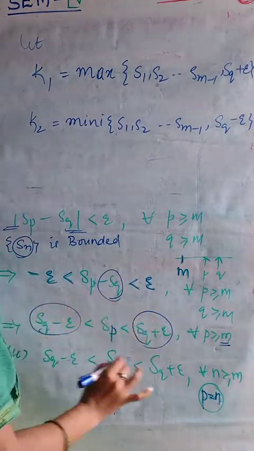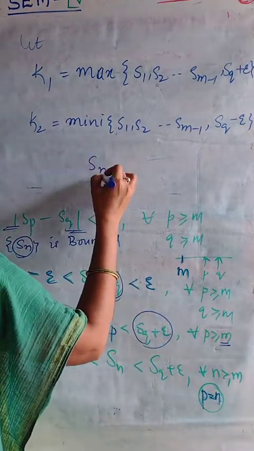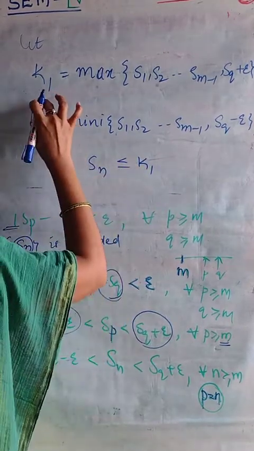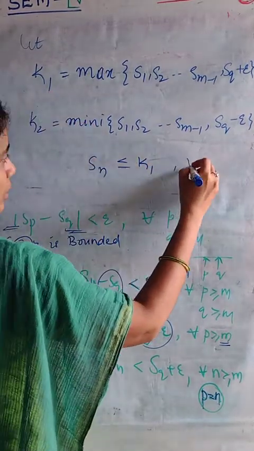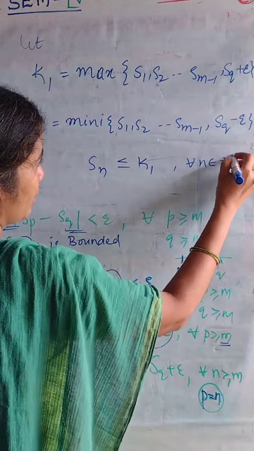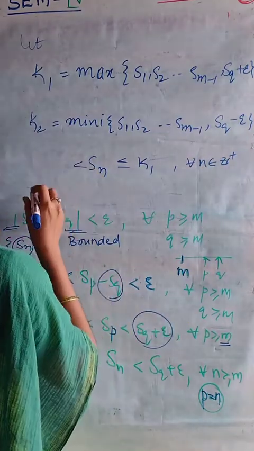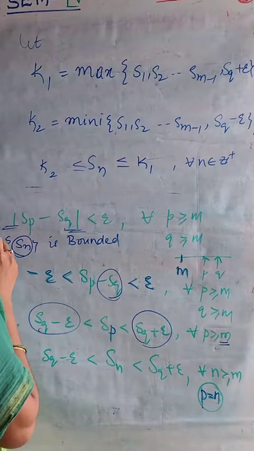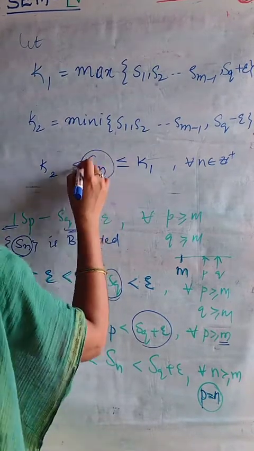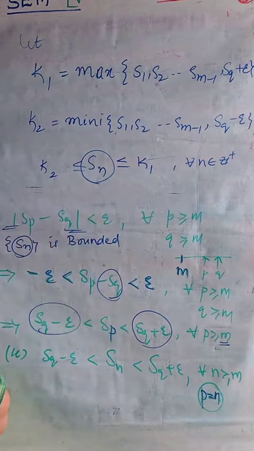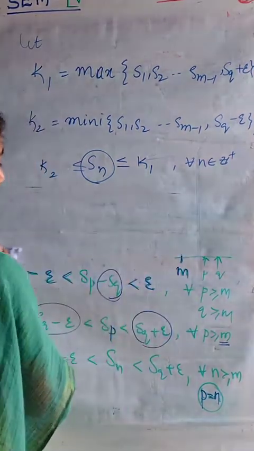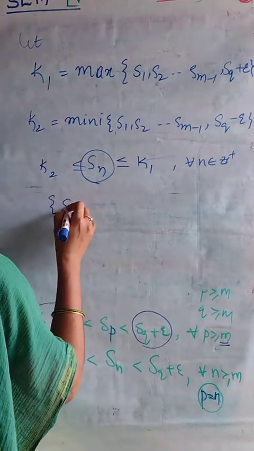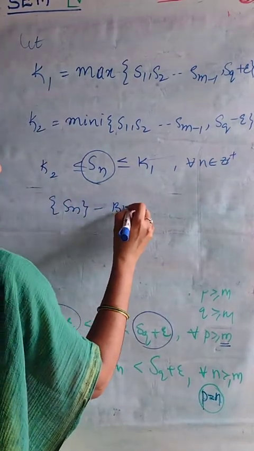Then from this we can write that all the terms of the sequence are less than or equal to k1, because k1 is the biggest, and more than or equal to k2, because k2 is the minimum value. That means all terms of the sequence now lie between two real numbers k1 and k2. Then we can confirm that our sequence Sn is a bounded sequence.